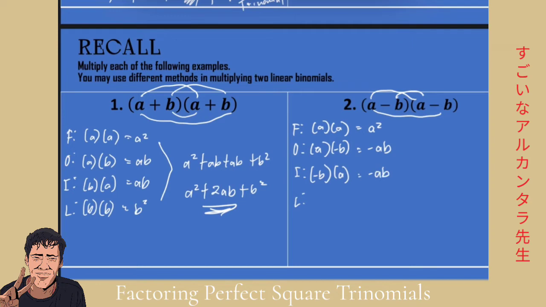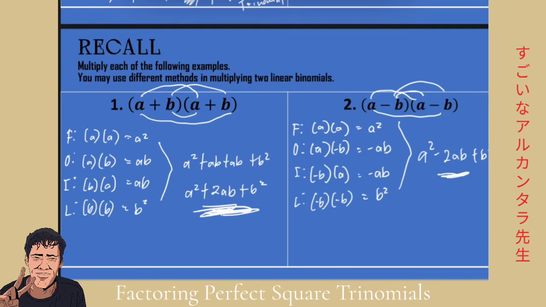And lastly, negative b times negative b, that will give us positive b squared. Altogether, this will be a squared minus 2ab plus b squared. So as you can see here, the middle term is negative. Here, the middle term is positive. So that's why it's important for us to remember that there are two cases when we are dealing with perfect square trinomials.